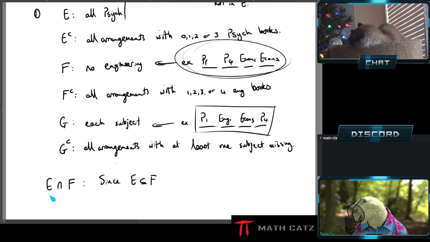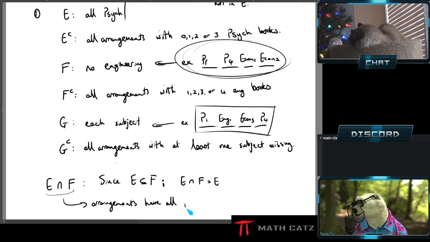So any element in E is necessarily in F as well. And I know that if I take the intersection of two sets, one being a subset of the other, then the intersection is just the smaller one. Meaning that this is the same arrangements requirement that the arrangements have all psychology books.